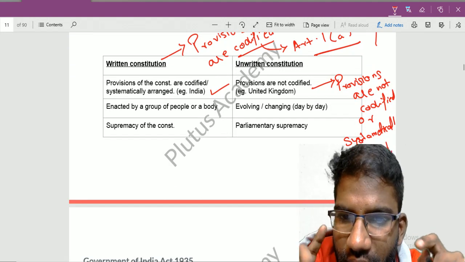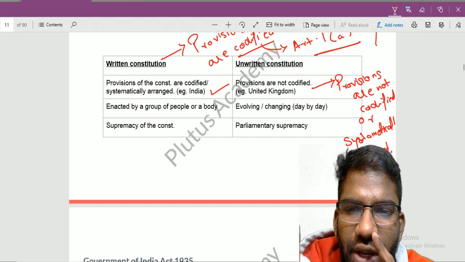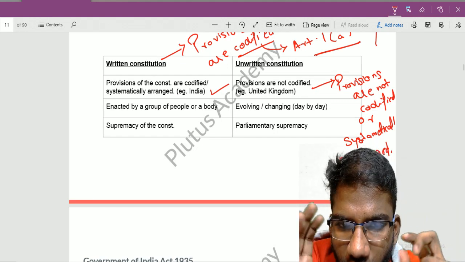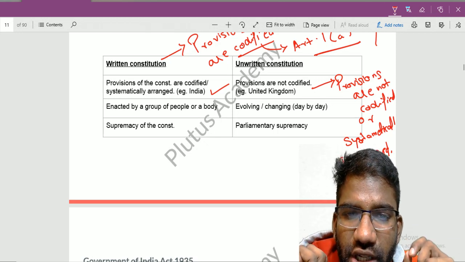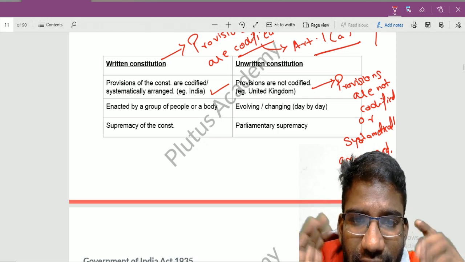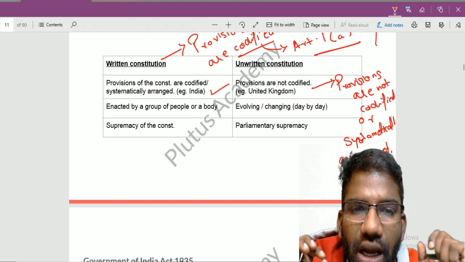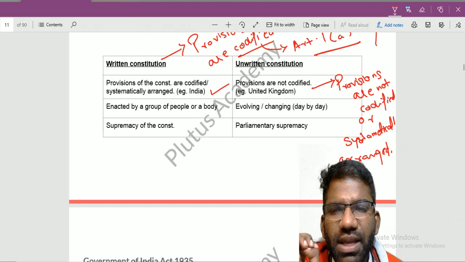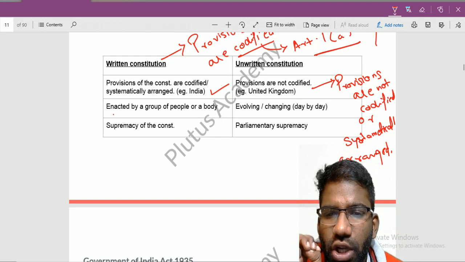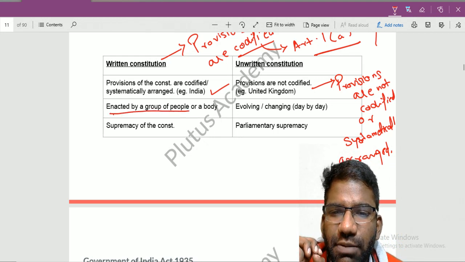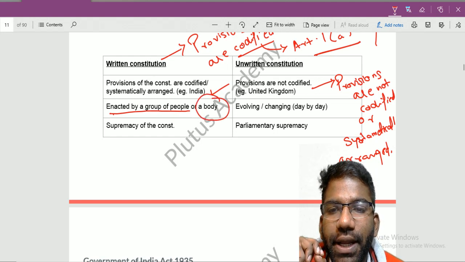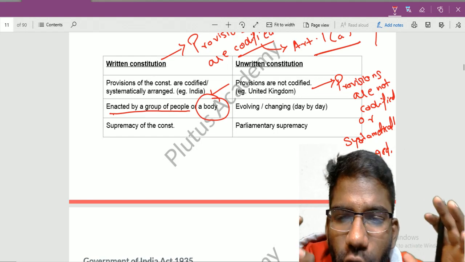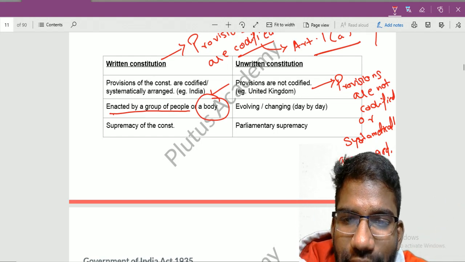Now India is an example of a country having a written constitution. An unwritten constitution is found in the United Kingdom, that is Britain, and New Zealand. The other major difference is that a written constitution is enacted or framed by a group of intellectual people or a body sitting together.